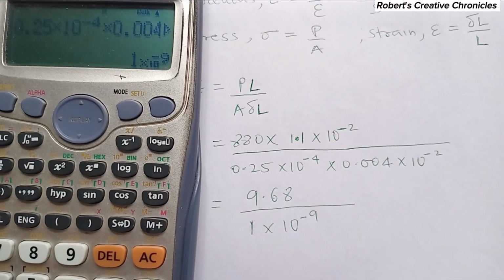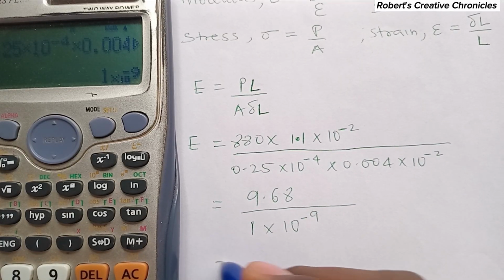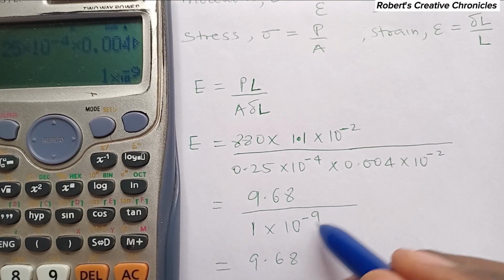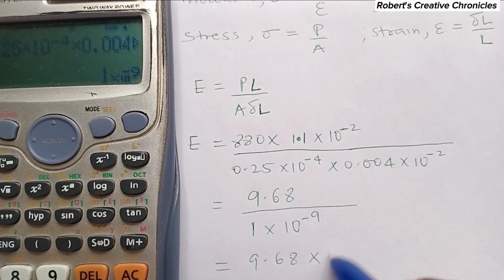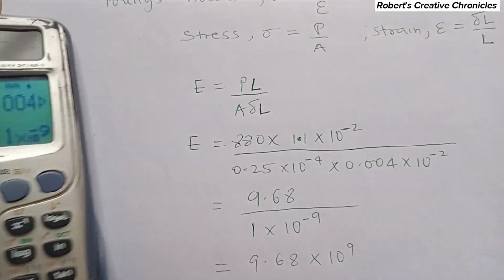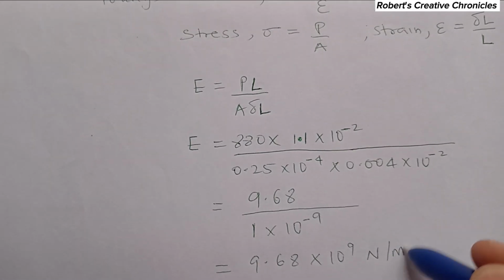So now, this divided by this, we know that 9.68, the inverse of this is 10 raised to the power of 9. For this Young's modulus, the unit becomes Newton per meter square, or Pascal.